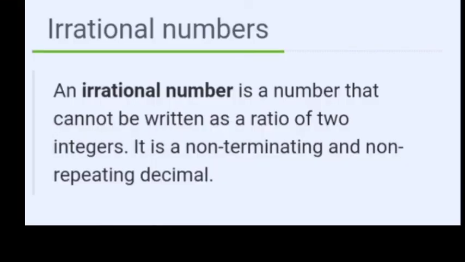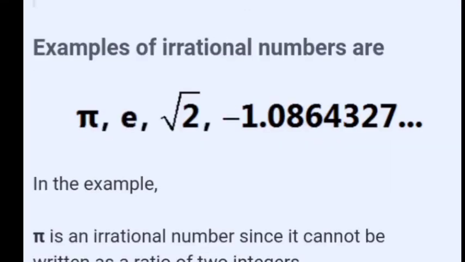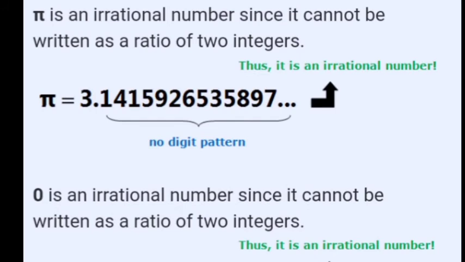Next, we have the irrational numbers. An irrational number is a number that cannot be written as a ratio of two integers. It is a non-terminating and non-repeating decimal. Examples of irrational numbers are the values of pi and e, the square root of 2, and negative 1.086432 to infinity.